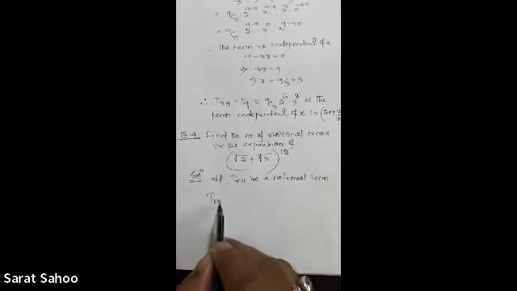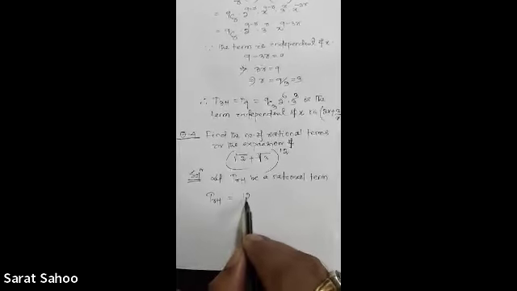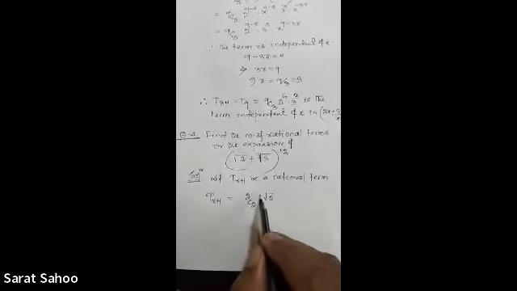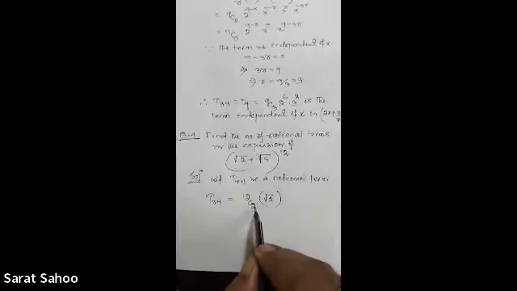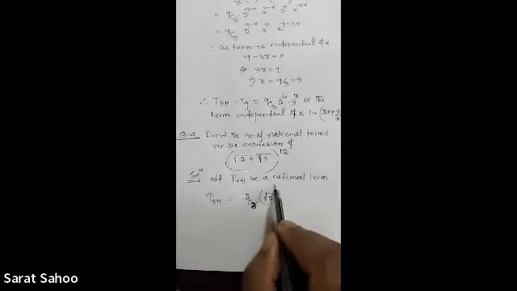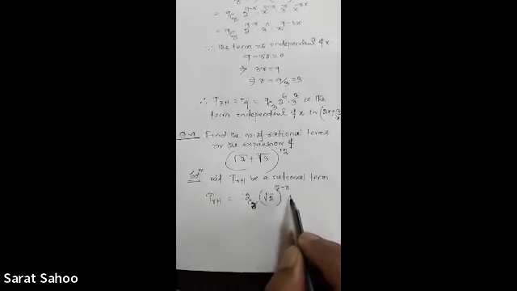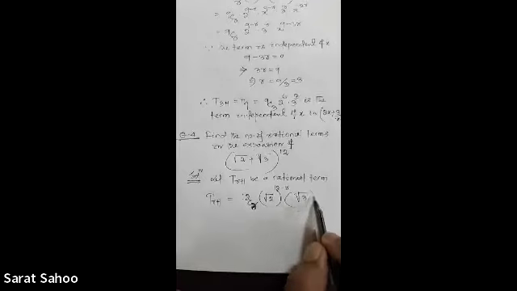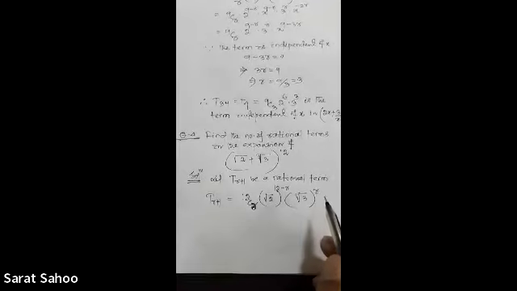Tr plus 1 is equal to nCr, that is 12Cr, (square root of 2) to the power 12 minus r into (cube root of 3) raised to the power r.